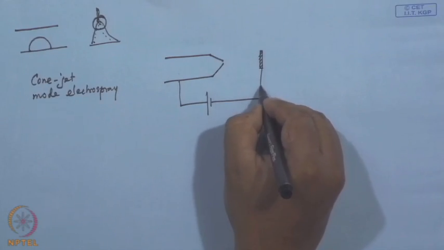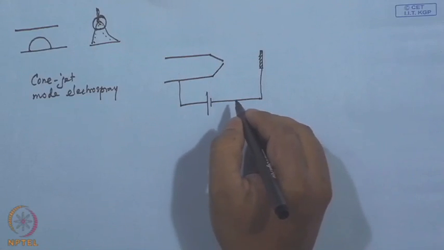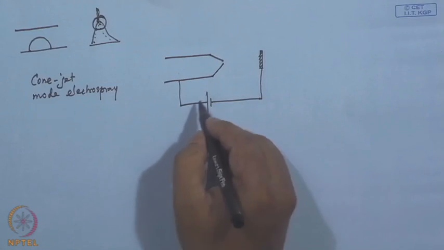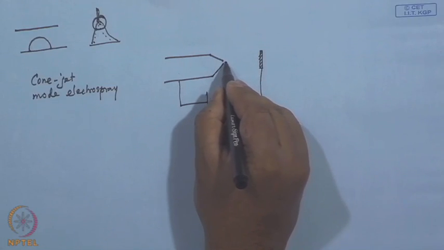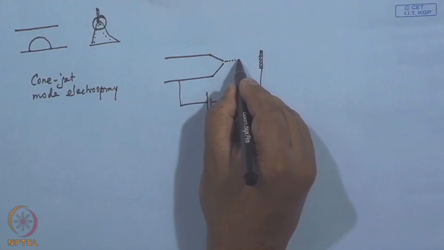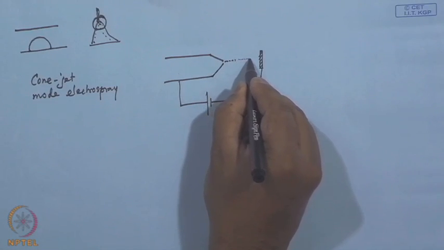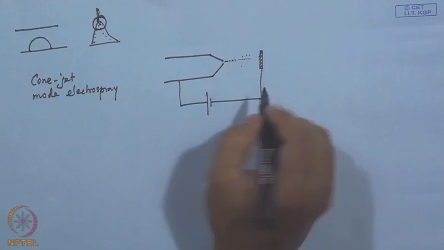This is the circuit that you have. What you see here is that the liquid jet emanates from this tip, and this liquid jet breaks down into small droplets.